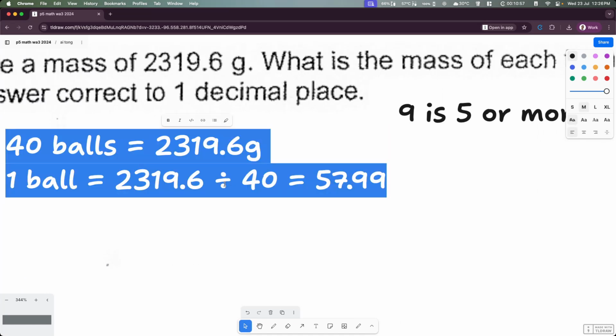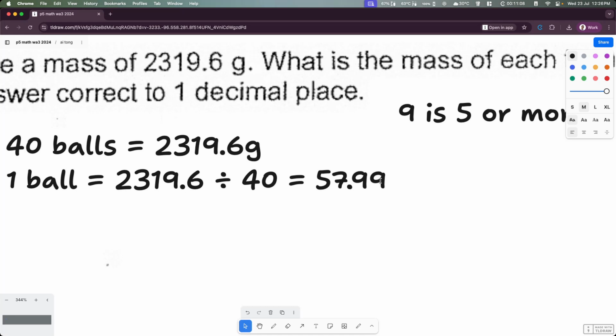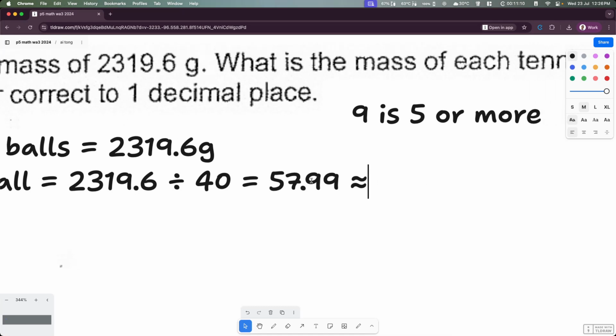In this case, I'm going to use the curly equal sign. What do you think will give us? We will add 1 to the 9 over here.